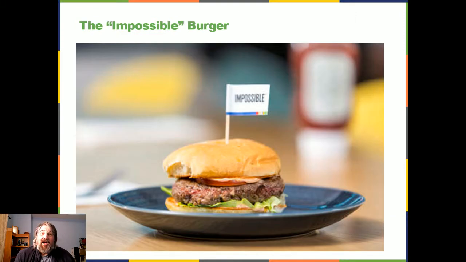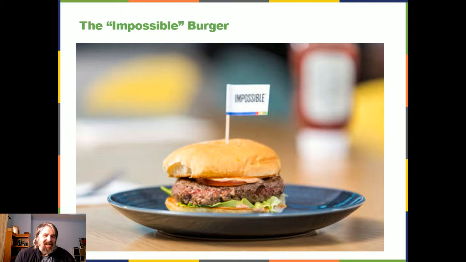All right, so the Impossible Burger, there is a version 2.0 out now, and as you can see here, it looks very burger-like. This is a mixture of a number of things, it's completely vegetarian. They took a yeast, they modified it to produce leghemoglobin, which is a type of heme molecule that is produced by soybeans.